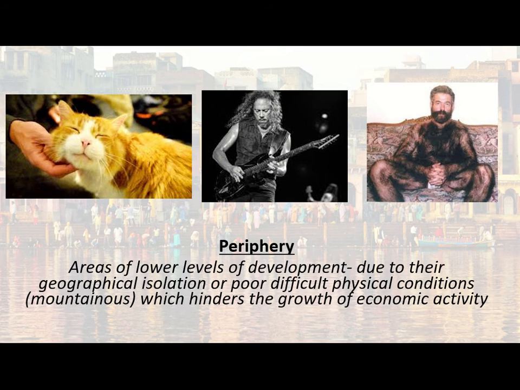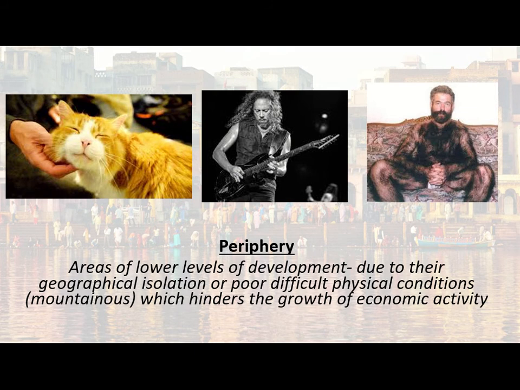Just like in the northwest of Scotland, with the Highlands up there, it's not really a place where industry and economic activity is very well developed, and therefore some of the other aspects of development are less as well, even for the UK. So they probably have a bit of issues with their broadband connection, for example. Whereas in India, the peripheral regions don't have any broadband connection, and we're going to find that out a bit later on in the topic too.